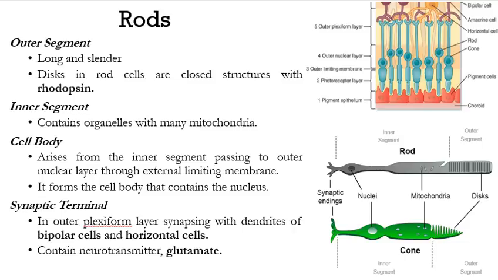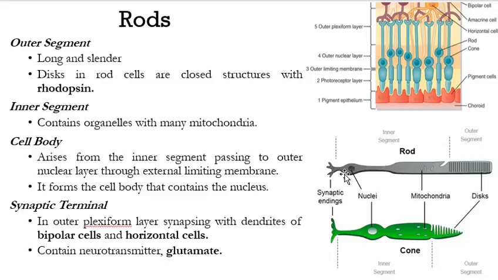We also want to remind ourselves of the structures of these rods and cones. So the rods are long and slender, and they have discs in rod cells that are closed structures with rhodopsin. So if you see these, they're known as discs, okay, and within them we have rhodopsin, and they're on the outer segment. The inner segment contains organelles with mitochondria, right?